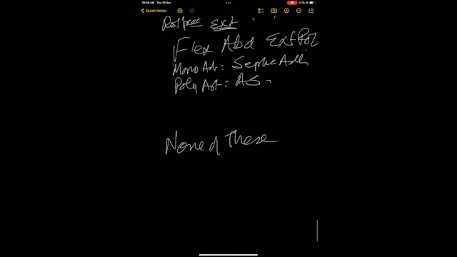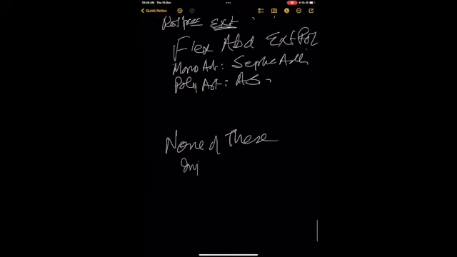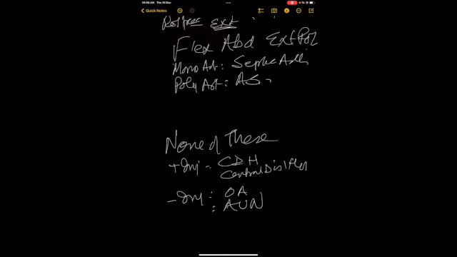Then none of these: if there is history of injury, it is central dislocation of hip. And if injury is absent, then it is osteoarthritis or avascular necrosis. So this algorithm will help you diagnose a hip condition.